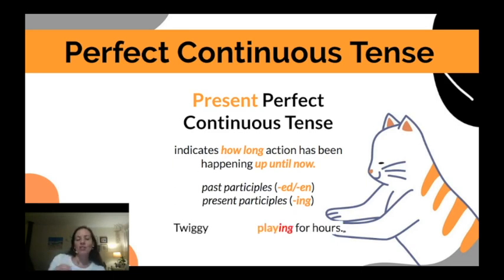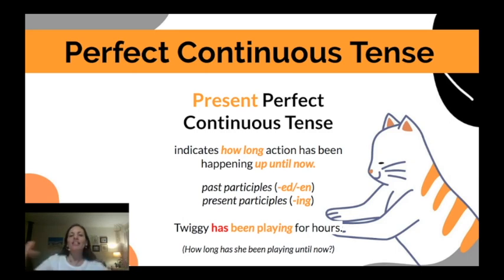Now I'm going to use the example of Twiggy playing for hours, and I want to show that that happened up until I arrived home, for instance. So been, we're going to use been like I said, so Twiggy been playing, and we're going to be putting in has to show that she's been playing for hours, and it has to do with today.